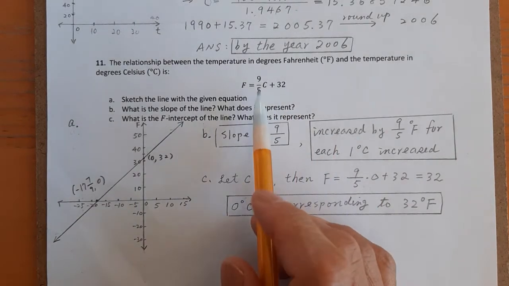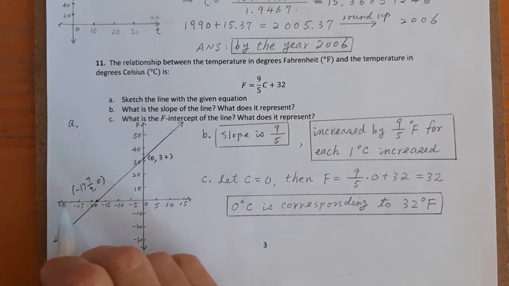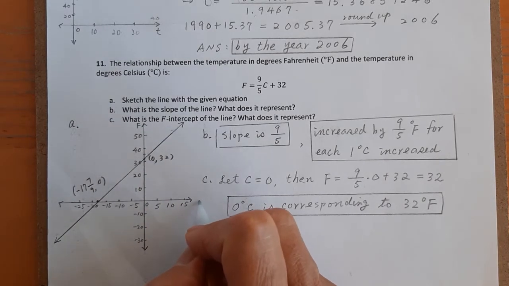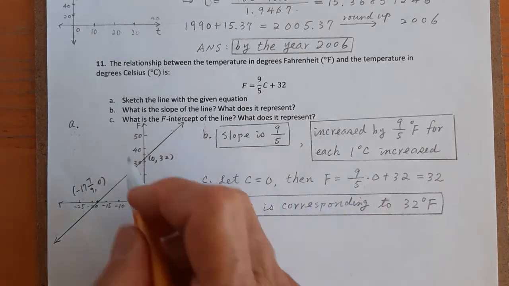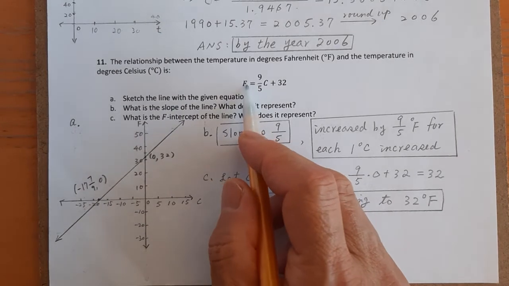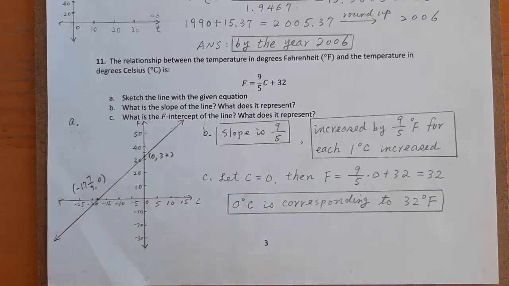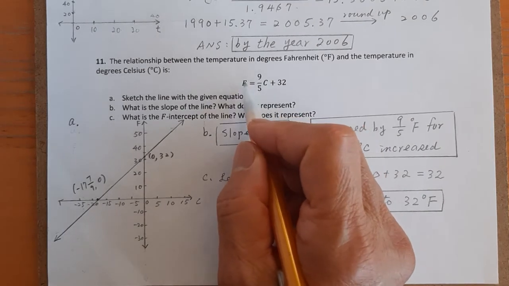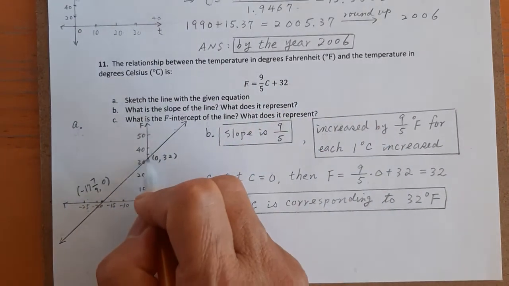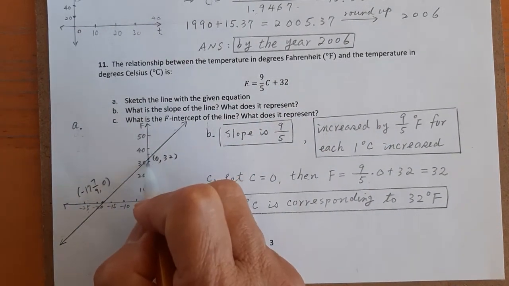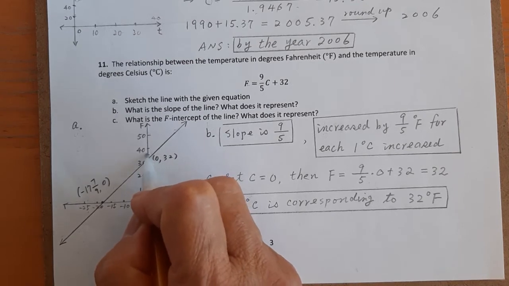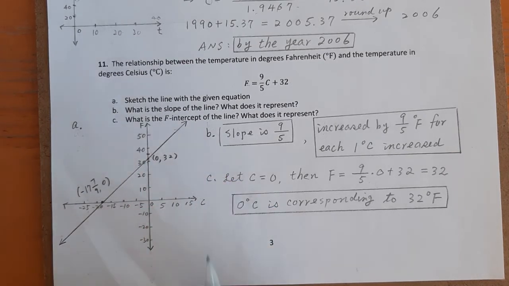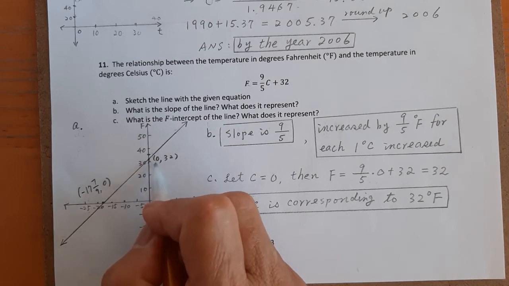So this is a horizontal line for C, vertical line for F. Like C equals 0, F should be 32. So C equals 0, then 30, 35, 32 here. So that's the F intercept.